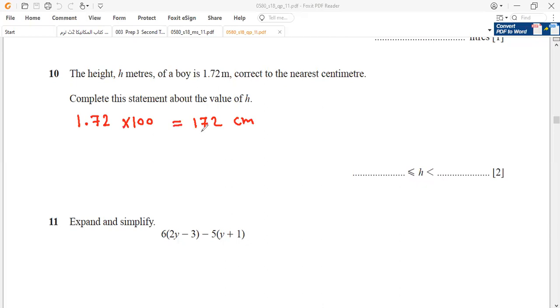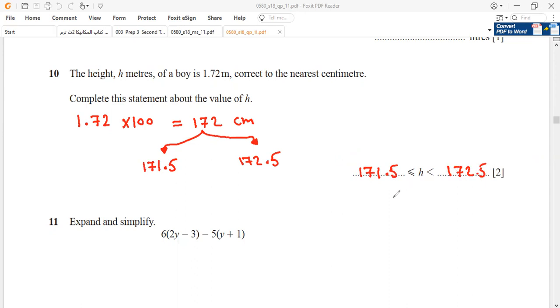So to find the minimum boundary or limit, subtract 0.5 from 172, 171.5. And to find the maximum or upper boundary, add 0.5 to 172. We will have 172.5. So we can write it here, 171.5 and 172.5.